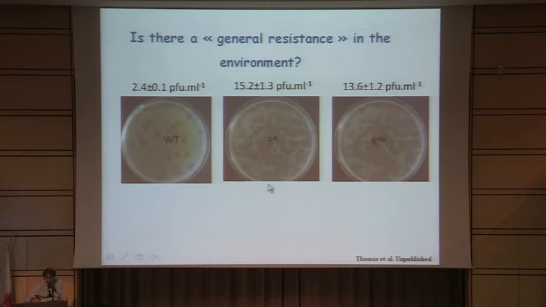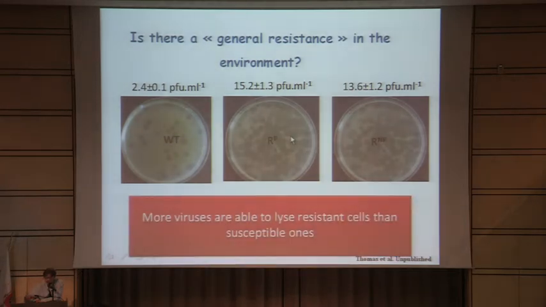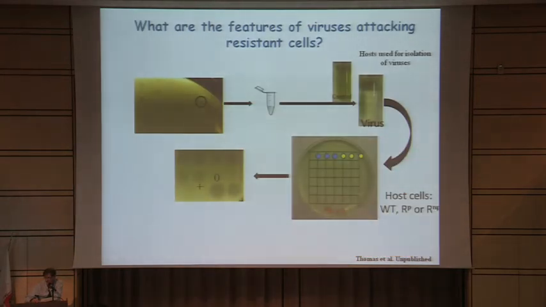This is very surprising, and we did the experiments many times to be sure, and every time we have the same conclusion: there are more viruses in the environment which are able to lyse our resistant cells than the susceptible ones.